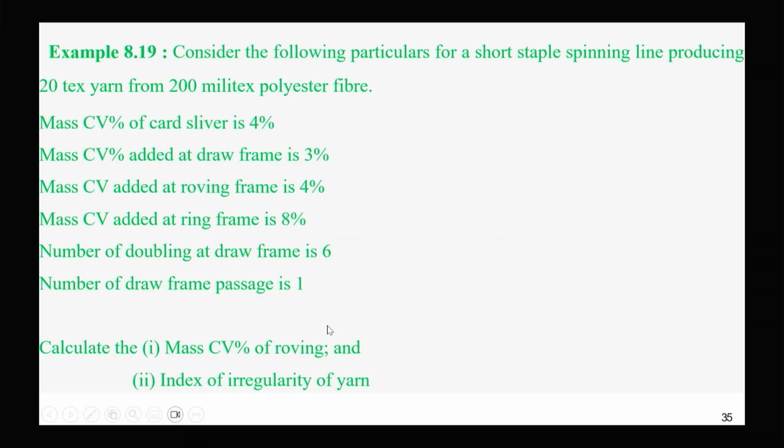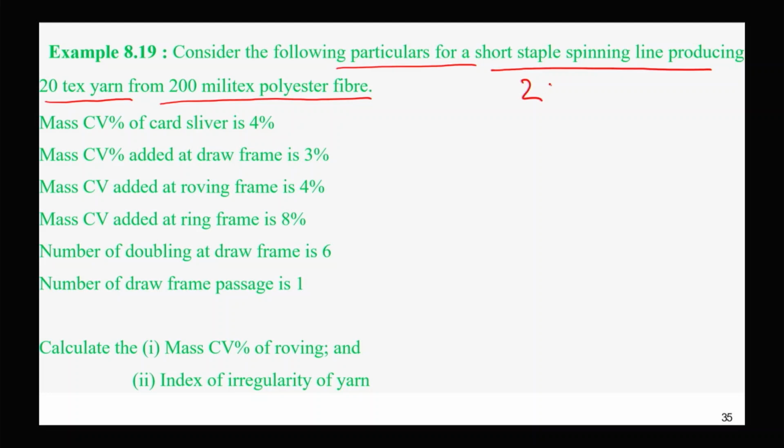Next numerical is the following: a particular short staple spinning line producing 20 tex yarn from 200 millitex fibers.